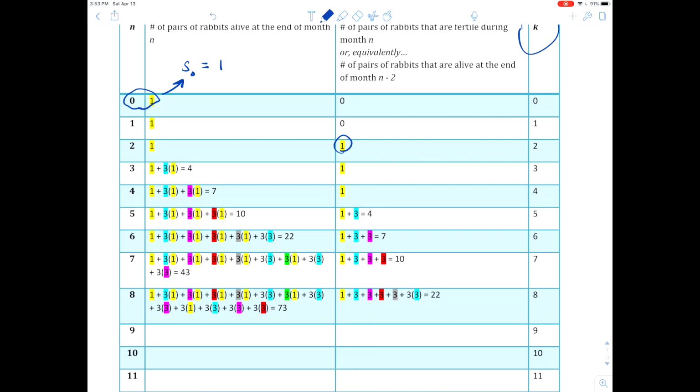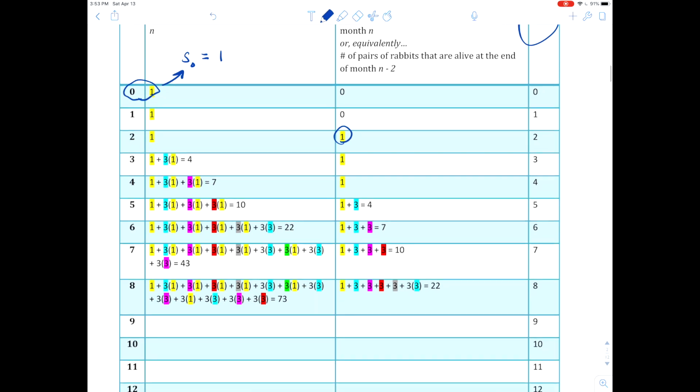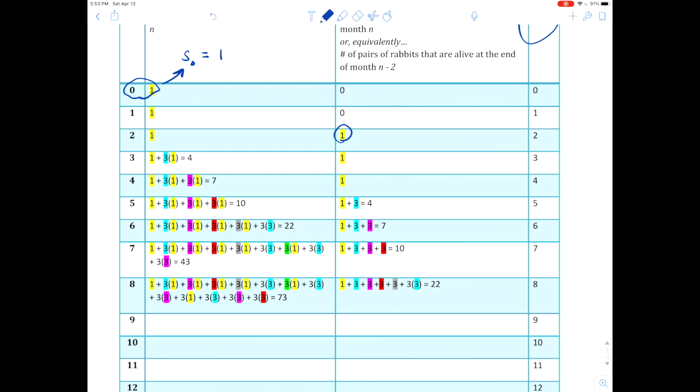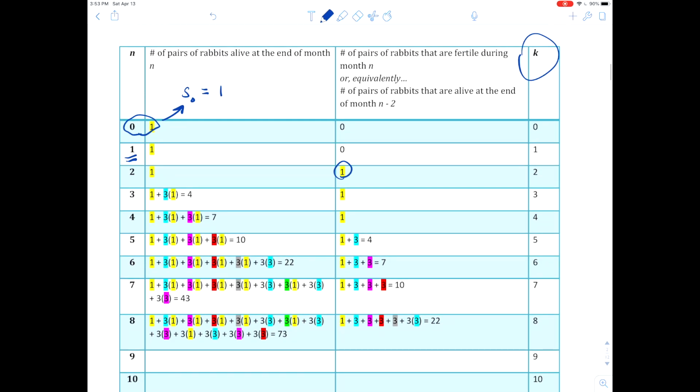So what happens is we take a look at this here, and then we want to figure out when our trend begins. So at the end of month 1, which is here, 1 pair of rabbits is alive, and 0 pairs of rabbits have been fertile during that month 1.